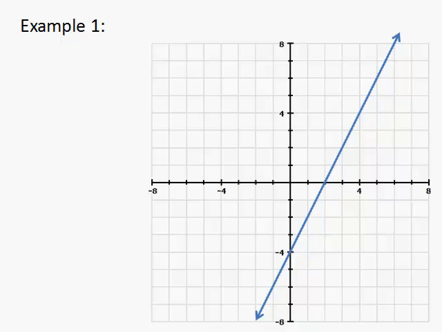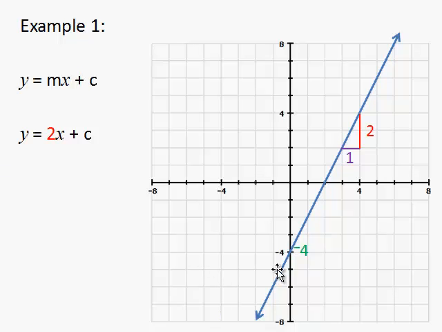Here's an example. We have a line. We know it's going to be of the form y = mx + c. So we take a point on the line and we head 1 right, and we see that we have to go 2 up to get back to the line. So our gradient is 2, and we can complete the m in our equation with a 2.